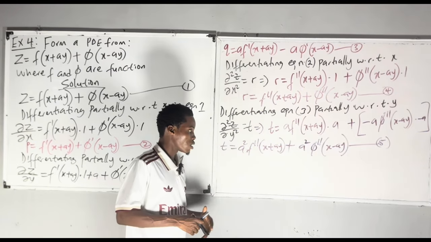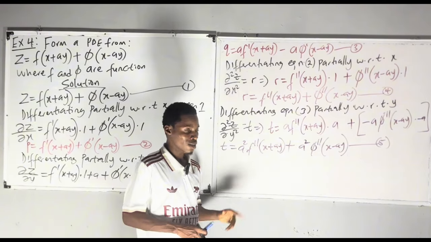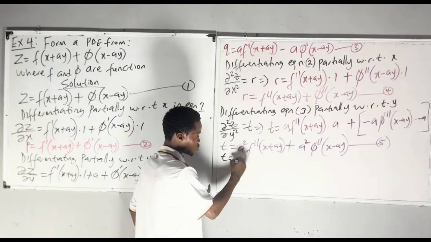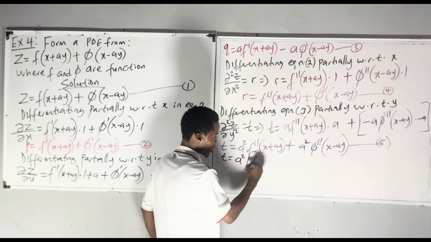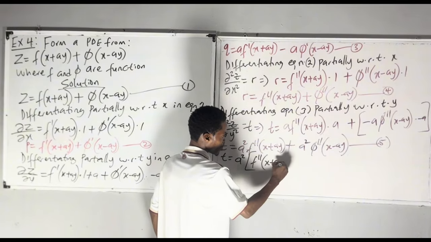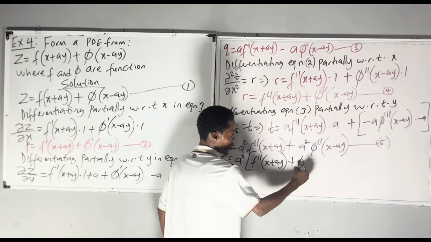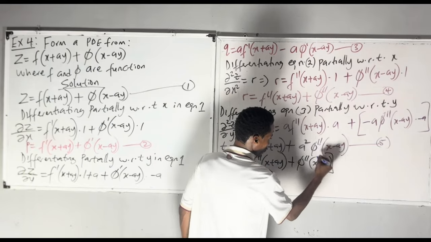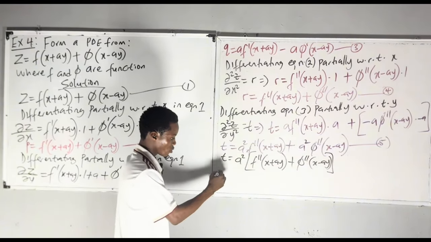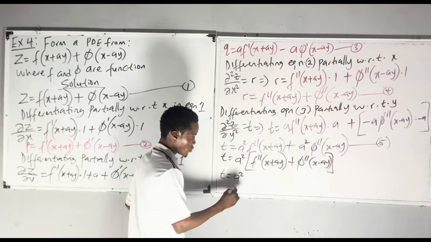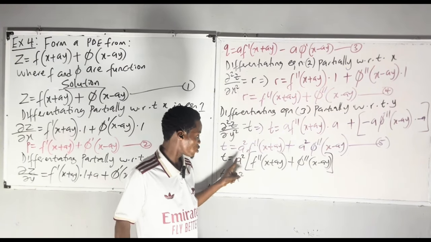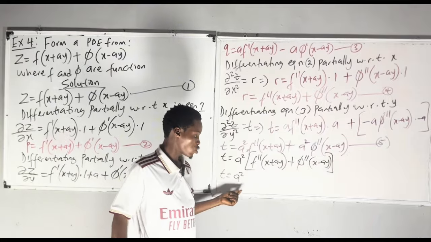I can take the common term in equation 5, which is a squared. So t is equal to a squared times the bracket of f prime prime (x + ay) plus phi prime prime (x − ay). If I multiply by a squared, I get this back.